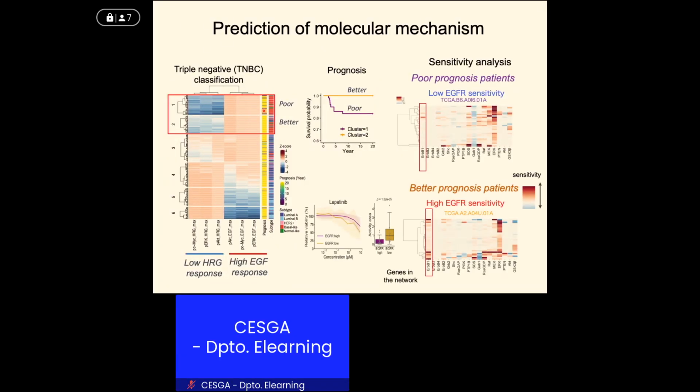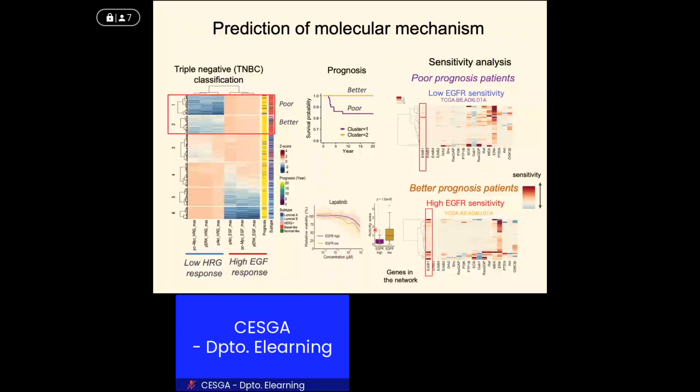And we also did the sensitivity analysis for each patient of this TNBC, and found that the poor prognosis patients tend to have a lower EGFR sensitivity, sorry it's small, and the better prognosis patients show a higher EGFR sensitivity.